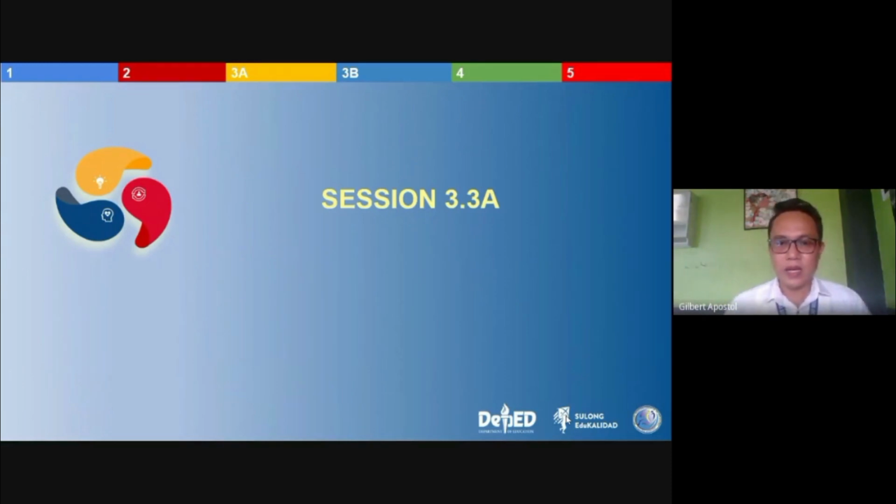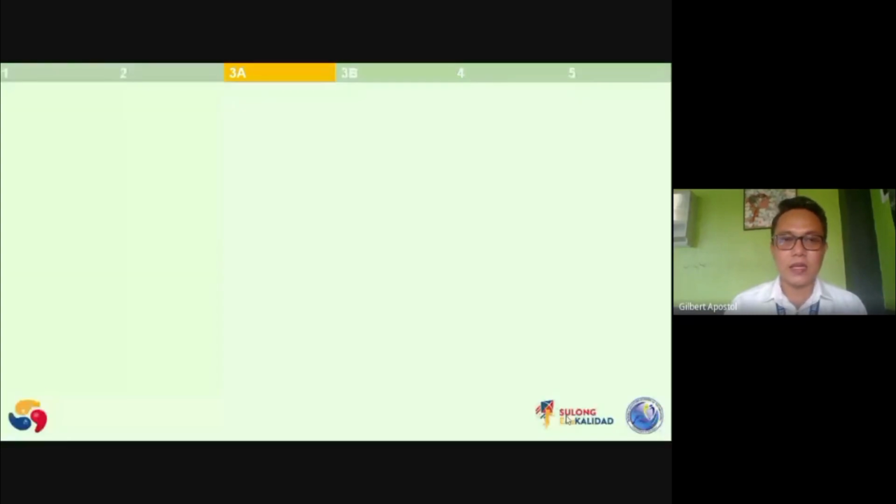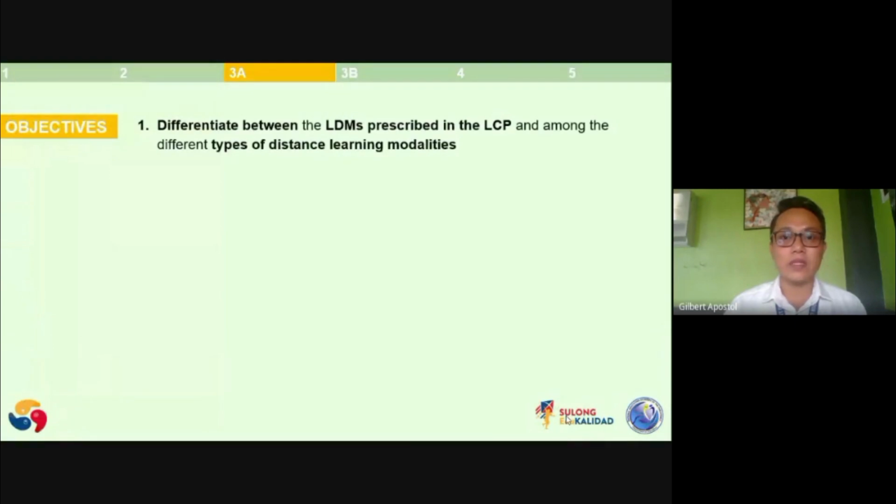Good day, everyone. For session 3.3a, this is about designing instruction in the different learning delivery modalities. The objectives are: first is to differentiate between the LDMs prescribed in the LCP and among the different types of distance learning modalities.